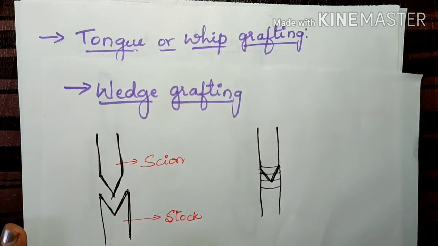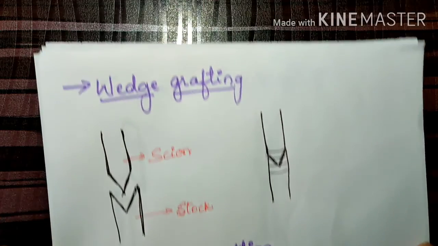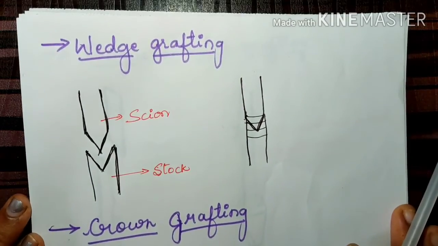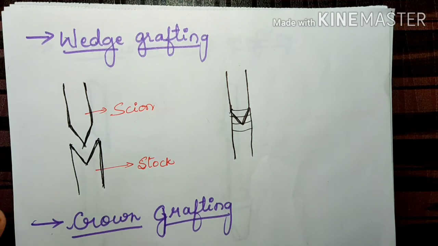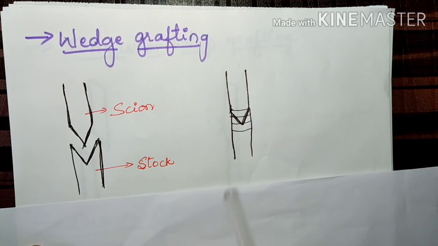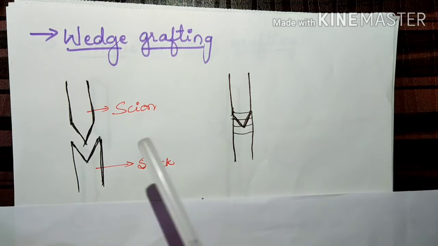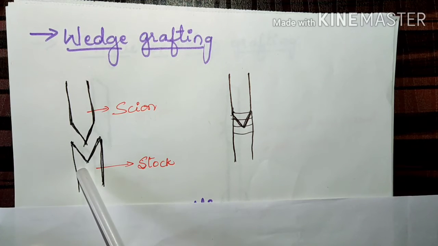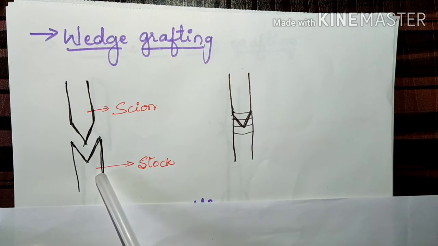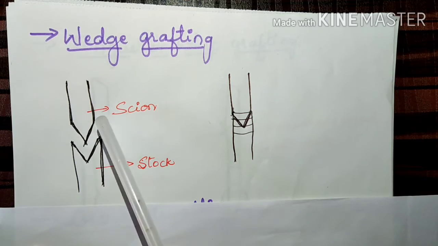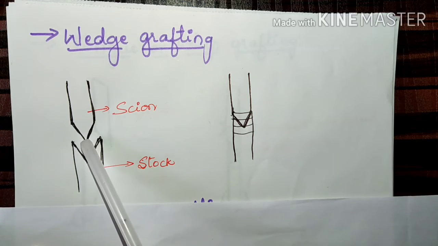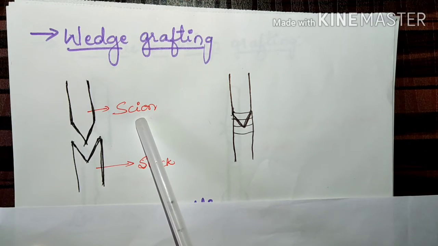You can see it is a wedge grafting. Here in this wedge grafting, a V-shaped notch is made on the stalk, and a wedge-shaped cut is made on the scion.